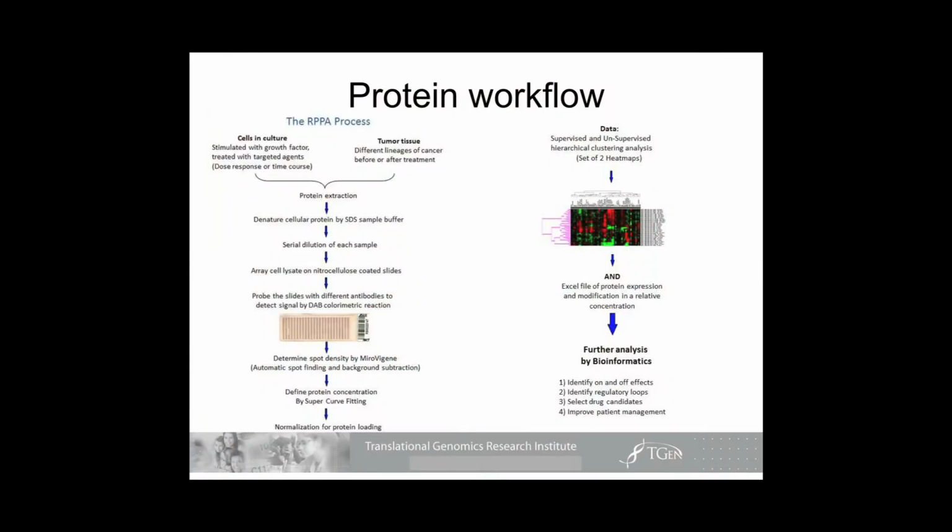So the process for reverse phase protein arrays begins with your extraction. And so you then denature your protein in SDS sample buffer. You do a serial dilution of your samples, and you array that serial dilution on a nitrocellulose-coated slide. You then probe the slide with an antibody.